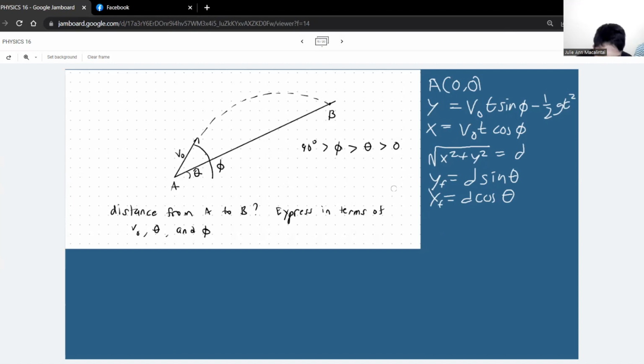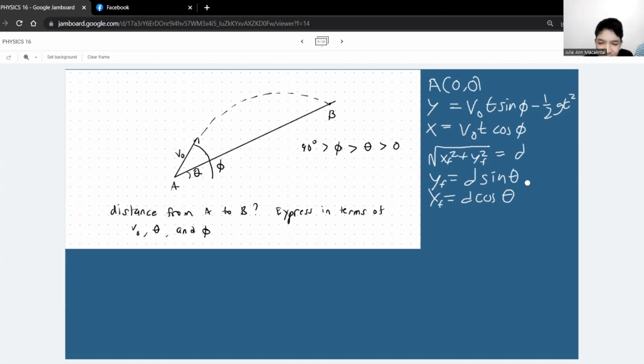So, ano ba? Express... So, from the above two equations and yung dinefine natin na x_f and y_f, how do we relate x_f, y_f, and t_f?